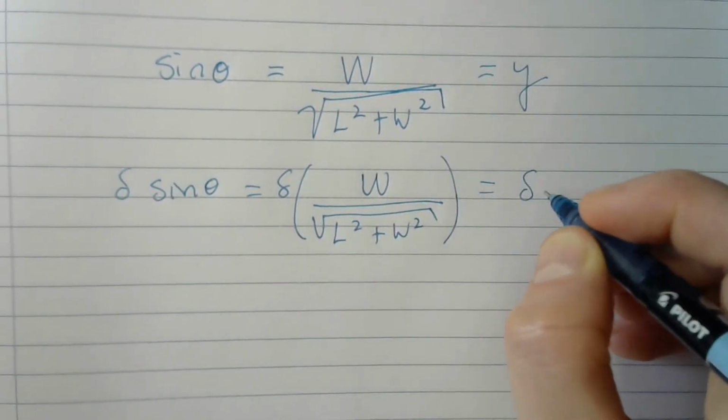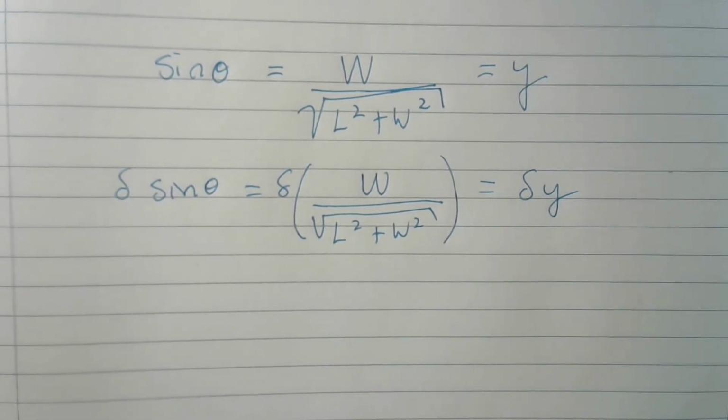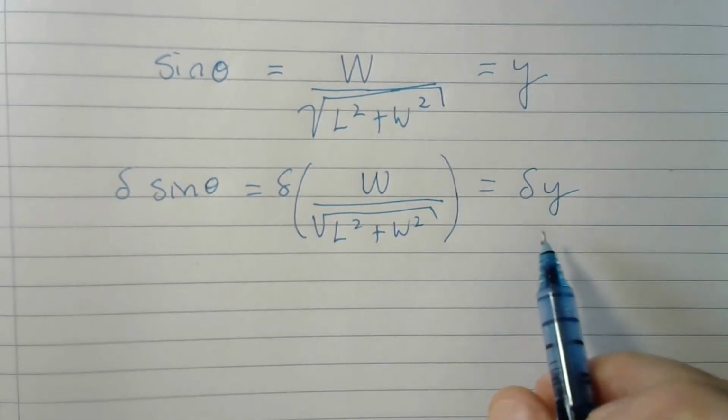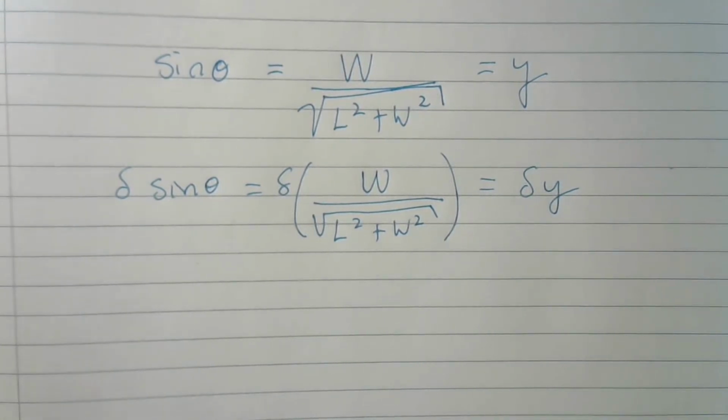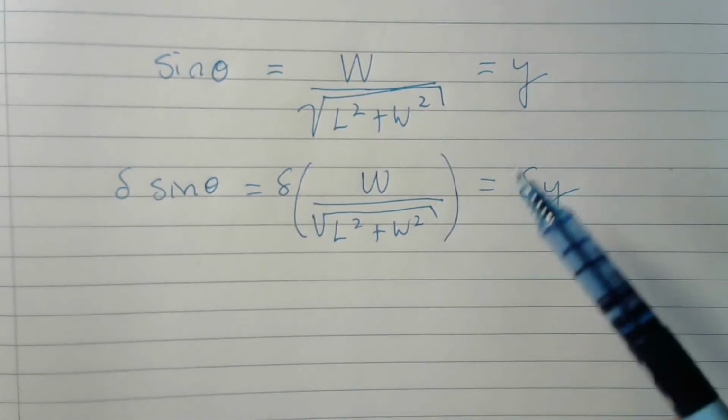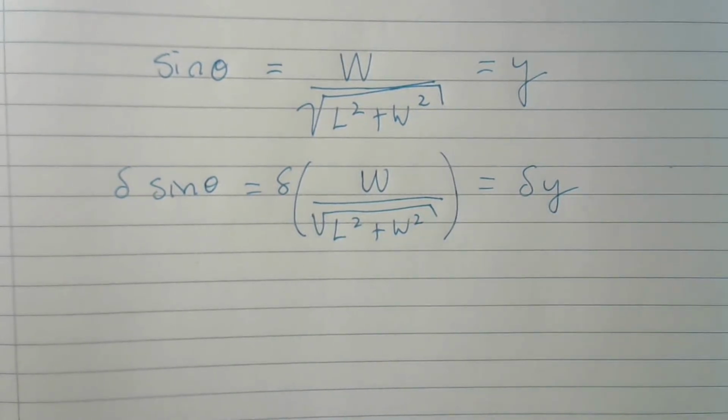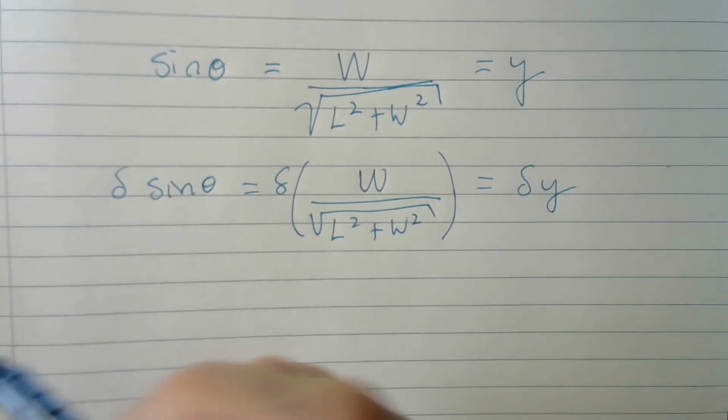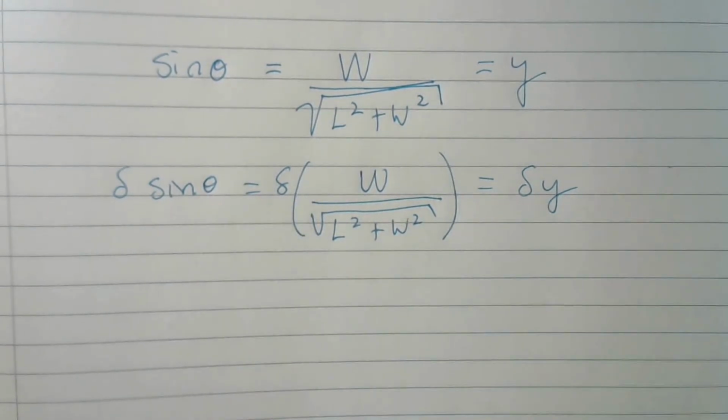That's the same thing as the uncertainty of y. So if you find it less confusing, you could write a substitution and say that y equals this and use that to find the uncertainty of y. Also note that you never actually have to calculate theta.